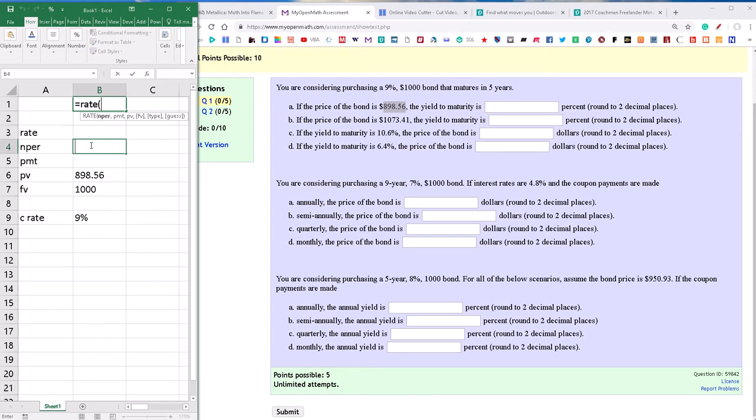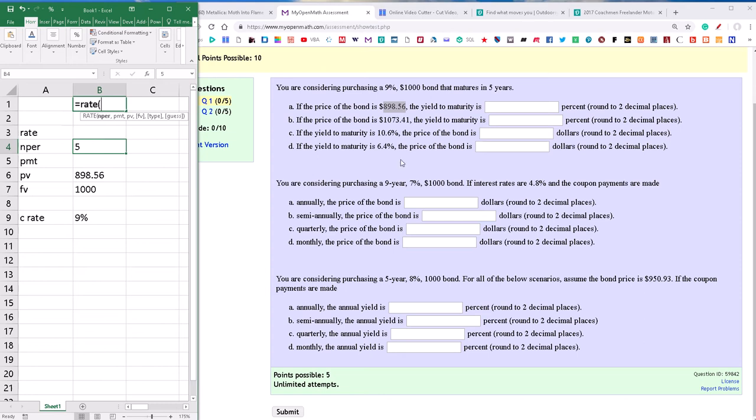The number of periods is 5 years. And so we have everything given to us. The coupon rate, 9%, face value $1,000. Number of years, number of periods is 5 years.